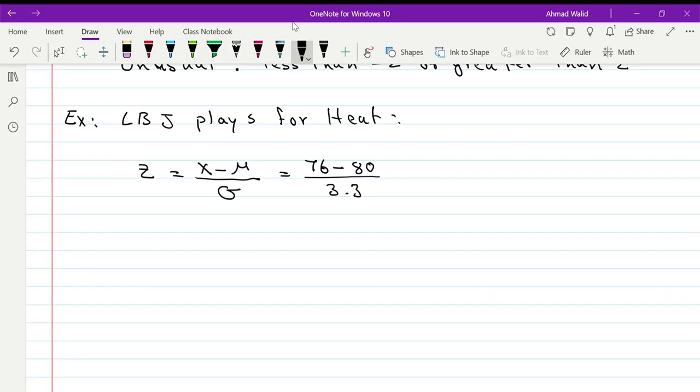You see 76 minus 80 definitely gives you a negative number. Correct? And if you subtract and divide, you will end up with negative 1.21. Is this usual to have such a height, 76 inches, to play for Miami Heat?